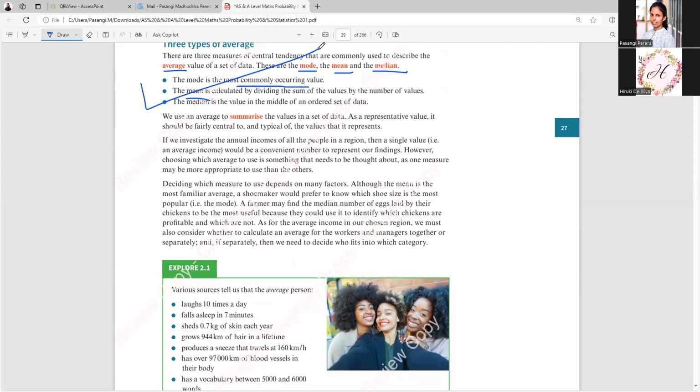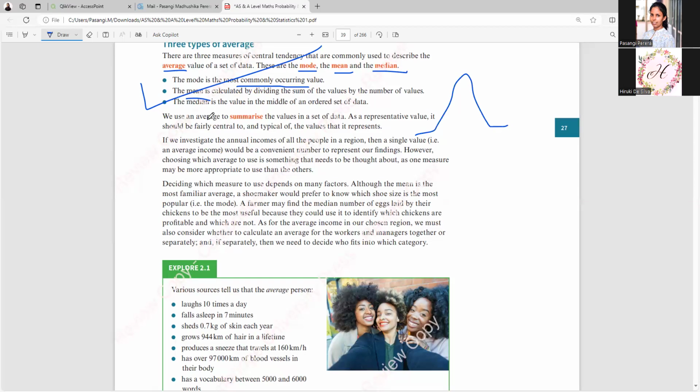We use an average to summarize the values in a set of data as a representative value.